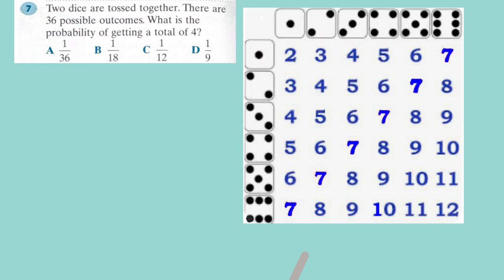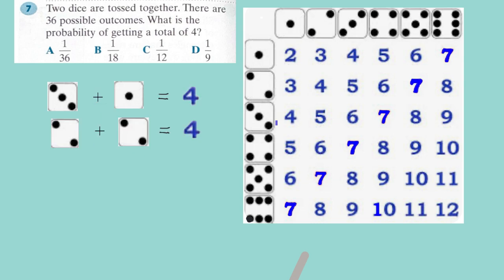The question asks, what is the probability of getting a total of 4? We can get a 3 plus 1, and that will give us a 4. Or we can have a 2 and a 2, and that will also give us a 4. And lastly, we can have a 1 plus 3, and that's also going to give us a 4.